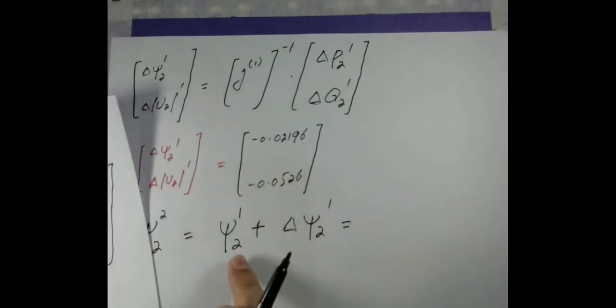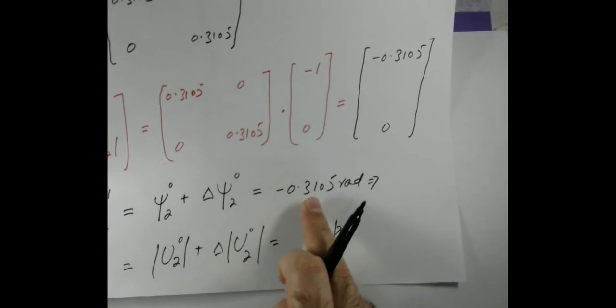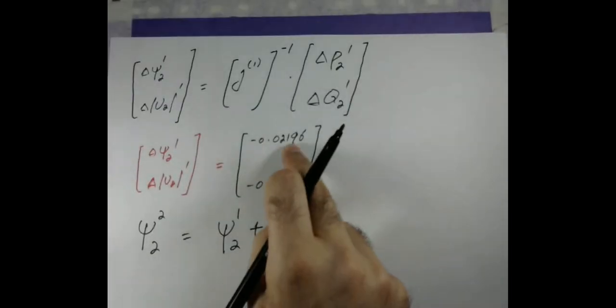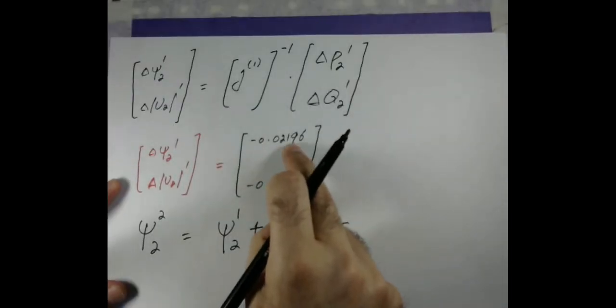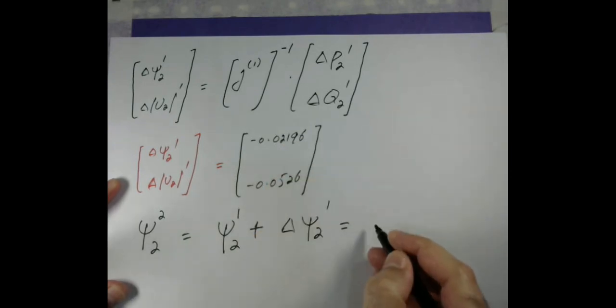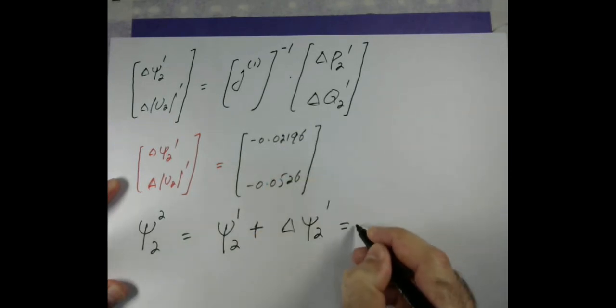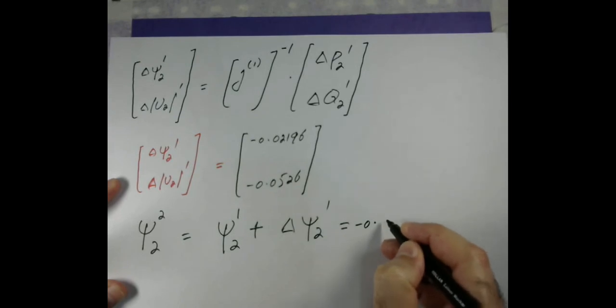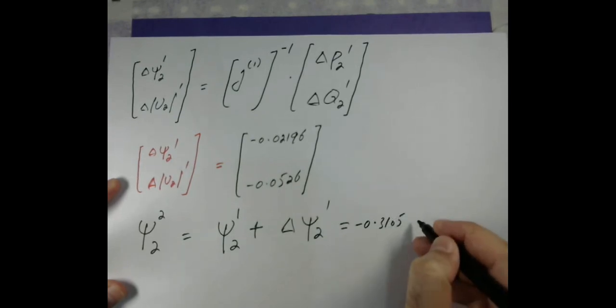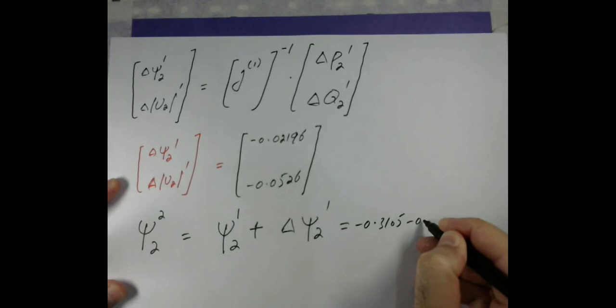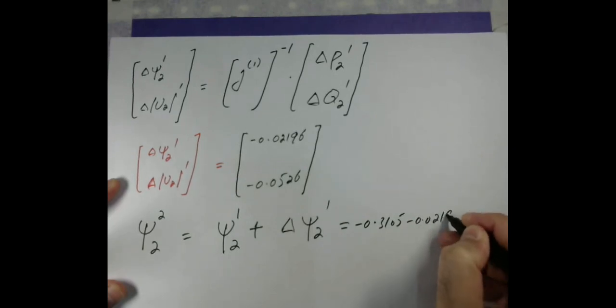So adding this value with this value, we get the final value: minus 0.3105 minus 0.02196.